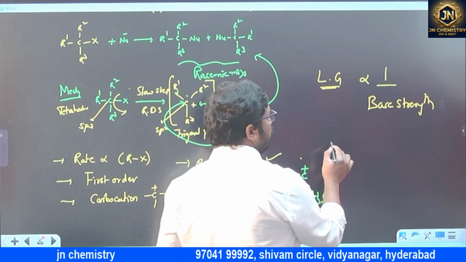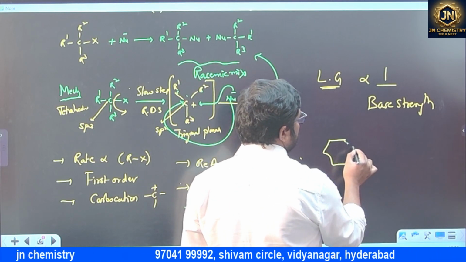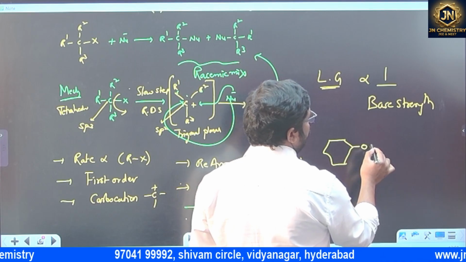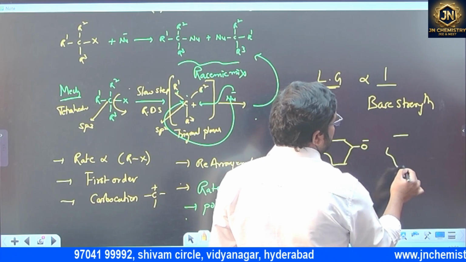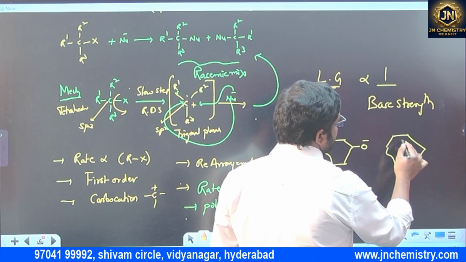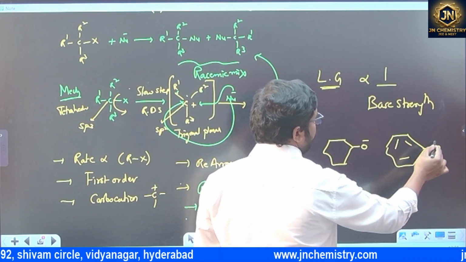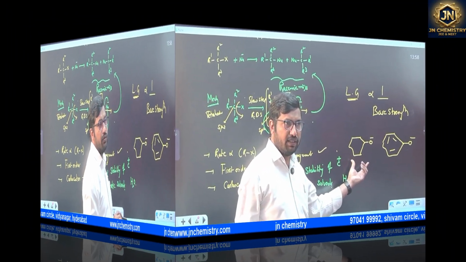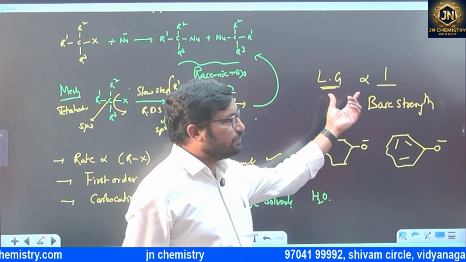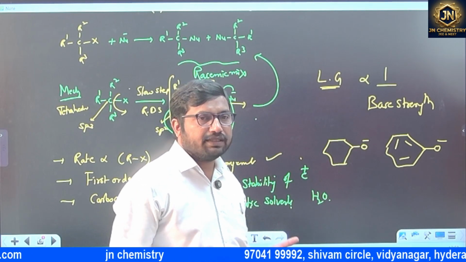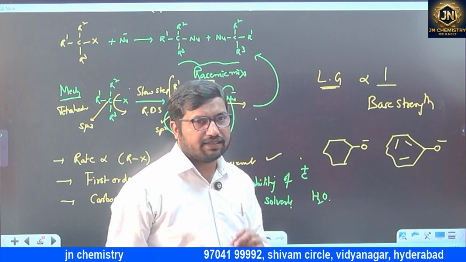For example, try to understand. This is O minus. We imagine both are leaving groups. If it is a weak base, that is the better leaving group. How should we know the weak base? Sometimes a difficult task.